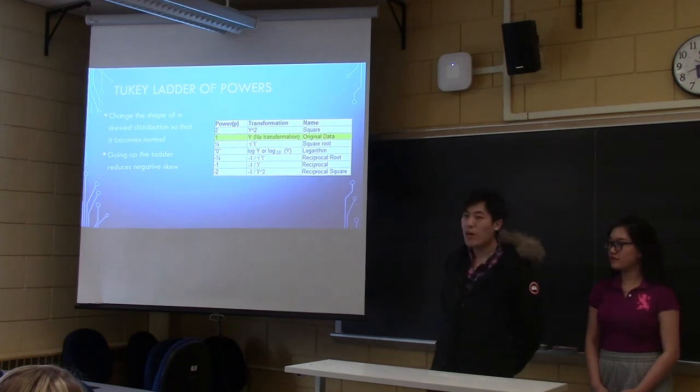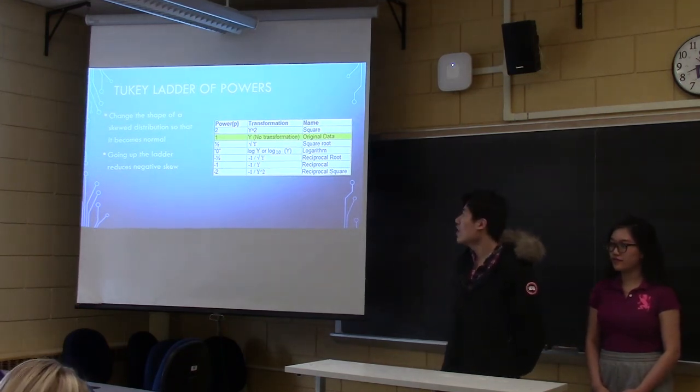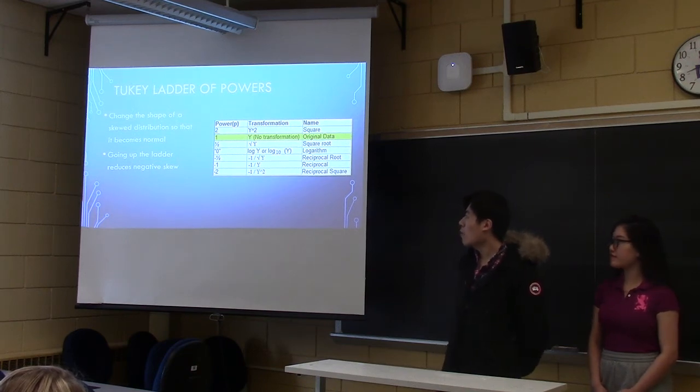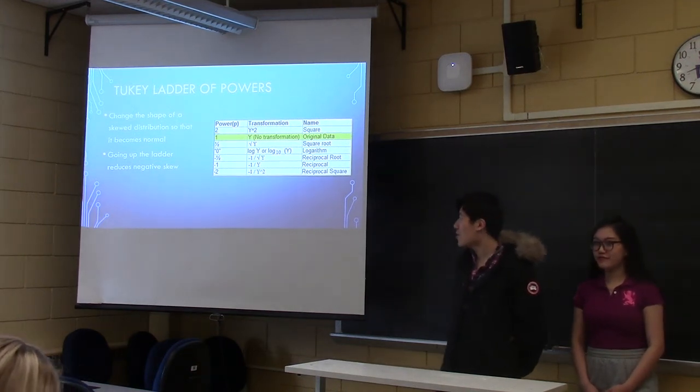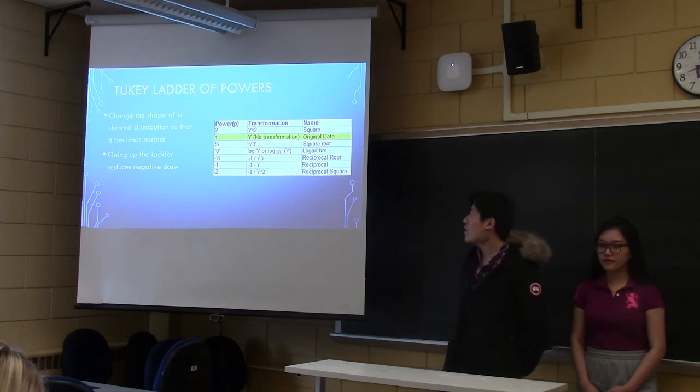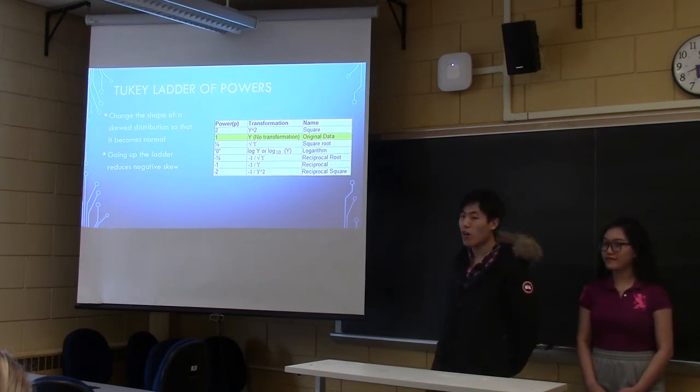Sometimes we also want to use Tukey's ladder. This helps make the data less skewed. Tukey's ladder is used to change the shape of a skewed distribution so that it becomes more normal.